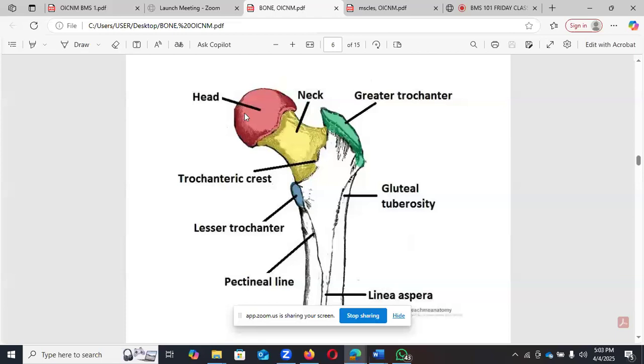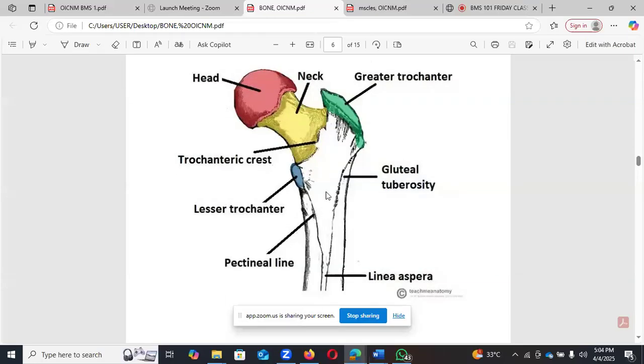So all these projections and depressions are for muscle attachment, so that when there's contraction of muscle, the bone can be able to move. The projections and depressions are important for muscle attachment, for the movement of the bone.